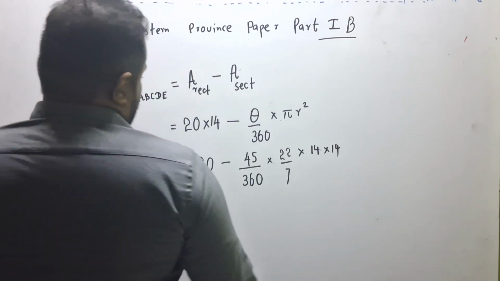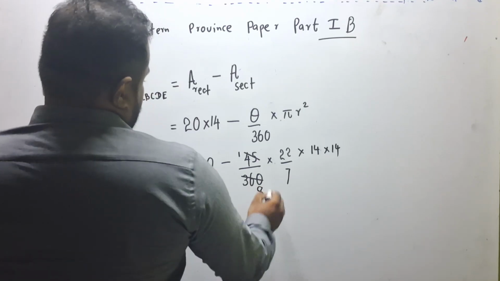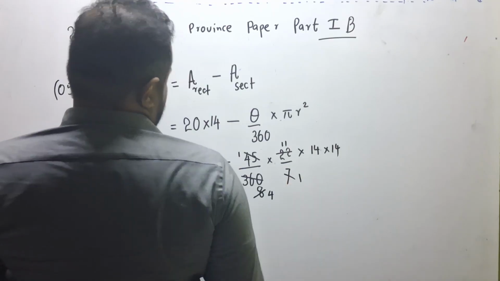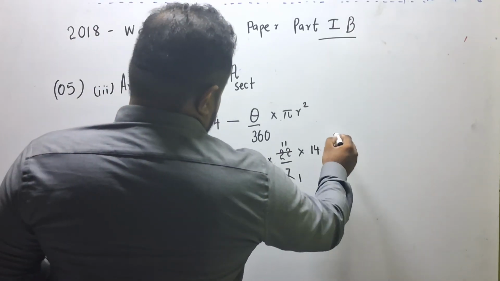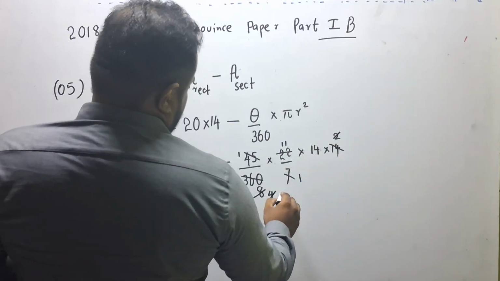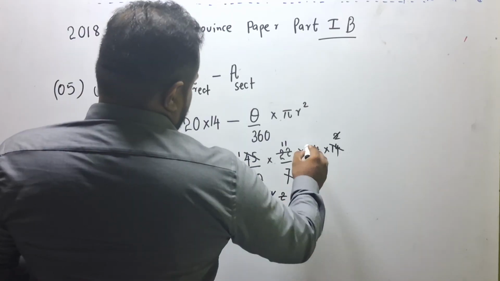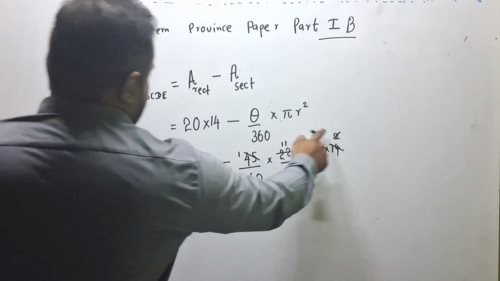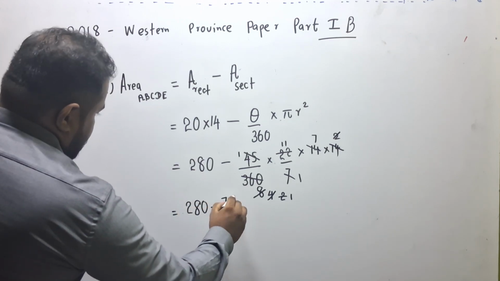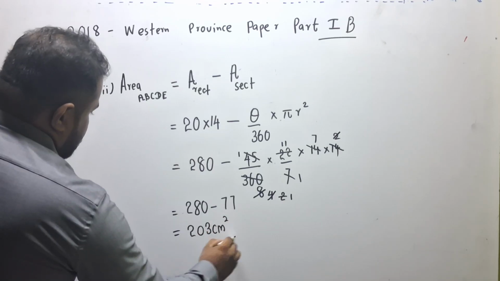Now simplify as you can. 45 has 1, 360 has 8. 8 has 4 2's, 22 has 11. 7 has 1 7, 14 has 2. 2 has 1 2, 4 has 2. 2 has 1 2, 14 has 7. 11 times 7 is 77. 280 minus 77 gives you 203 square centimeters.